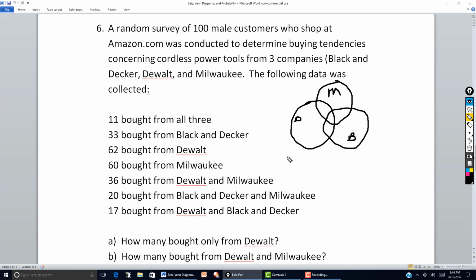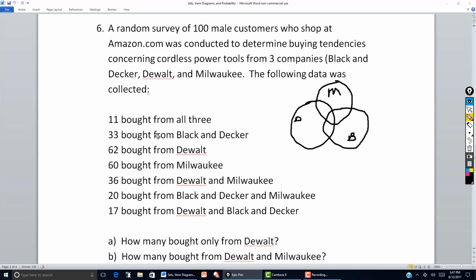Now when you're working this type of problem, it's always best to work from the inside and get all these smaller regions first. For example, the data from number 3 here has 62 bought from DeWalt. Here's DeWalt, but we have 4 regions, so I can't fill that in.